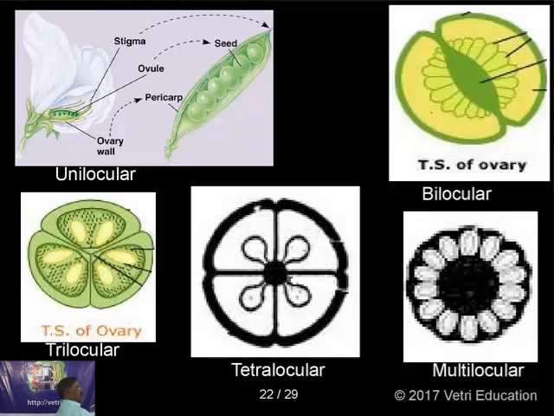Here you can find only one room. If you take a transverse section, you can have only one room. Here you can find 2 rooms, bilocular, 3 rooms, trilocular, 4 rooms, tetralocular. Here you can find nearly 14 rooms. It is a multilocular ovary. This is example abutilon.